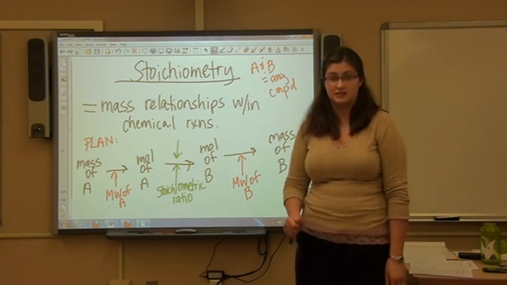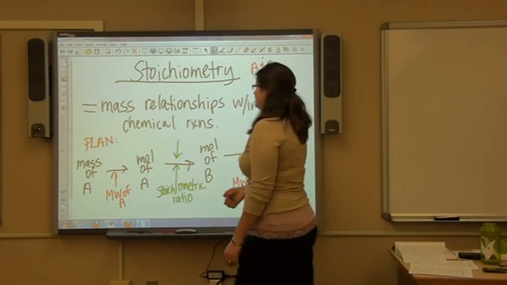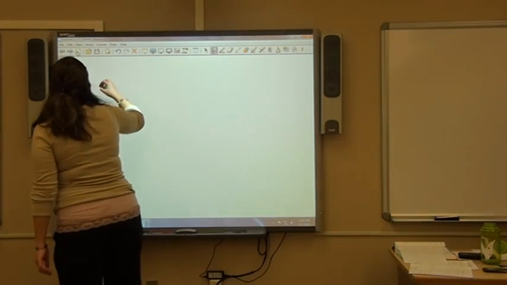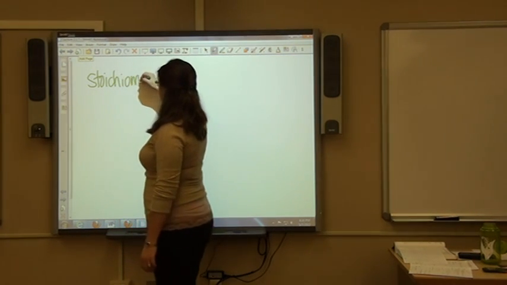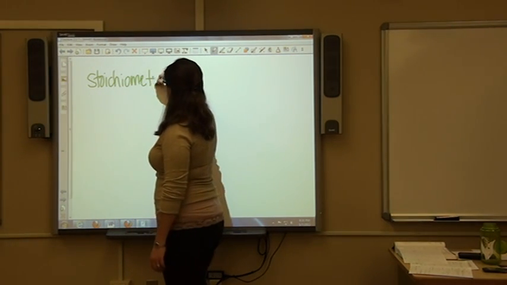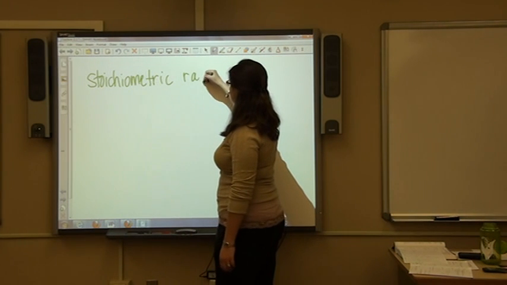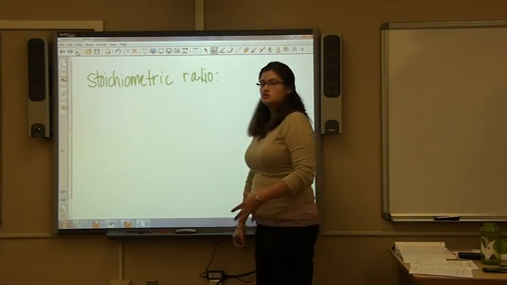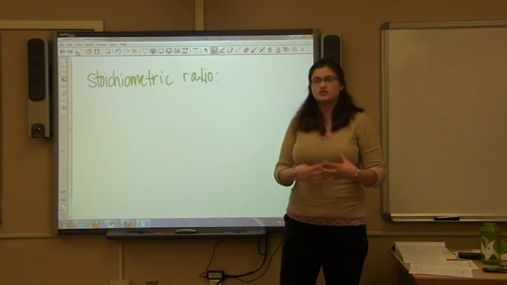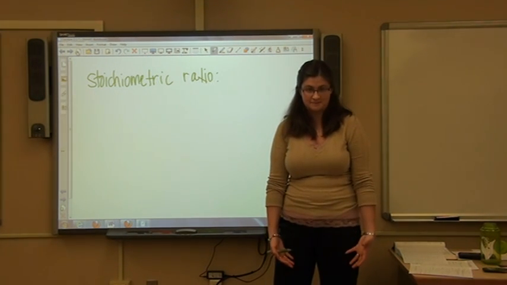What in the blink is that? The stoichiometric ratio is the relationship between your stoichiometric coefficients.